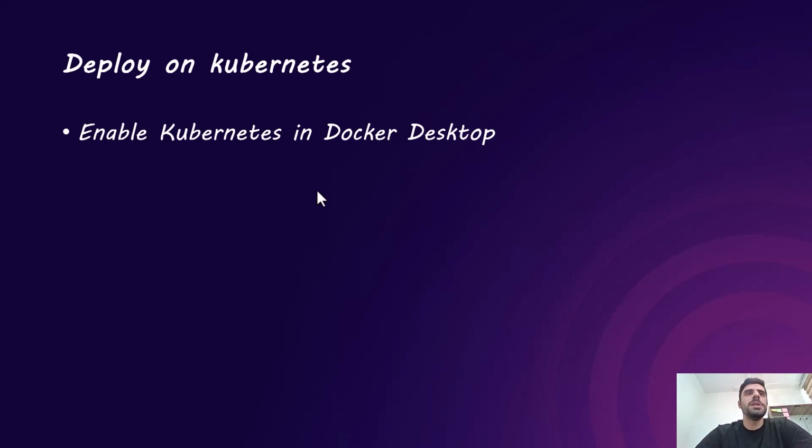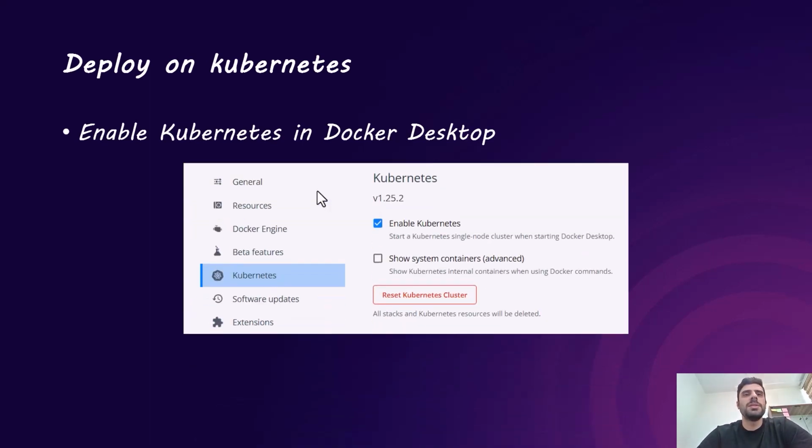In order to enable Kubernetes in Docker Desktop, you can go to the settings section in Docker Desktop, navigate to Kubernetes in the left-hand side menu, and then click on Enable Kubernetes. After clicking this, it might take some moments to enable Kubernetes and download the required images. And after that, Kubernetes will be enabled and starting on your machine.